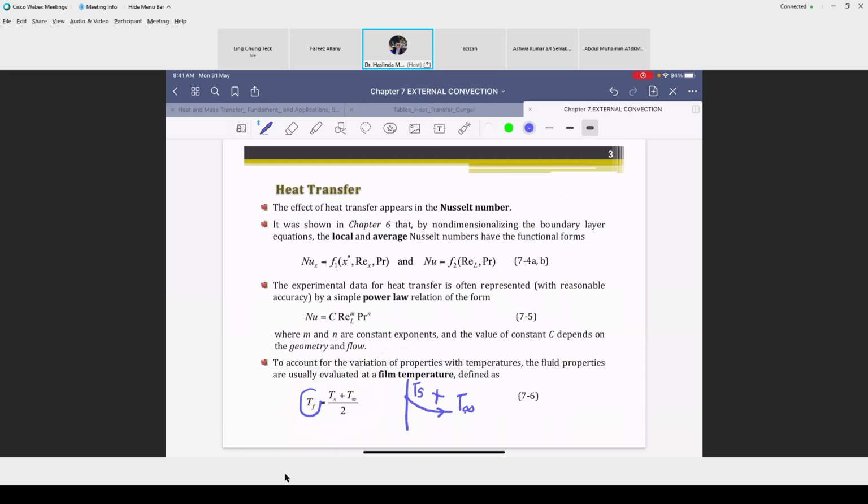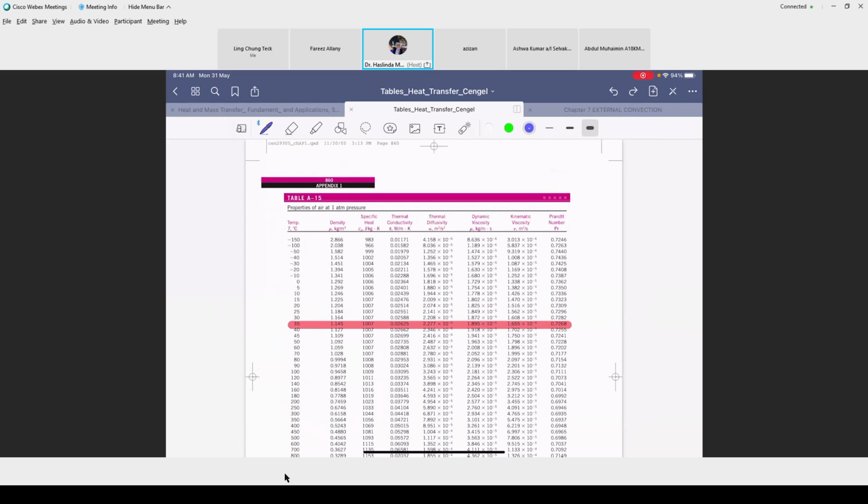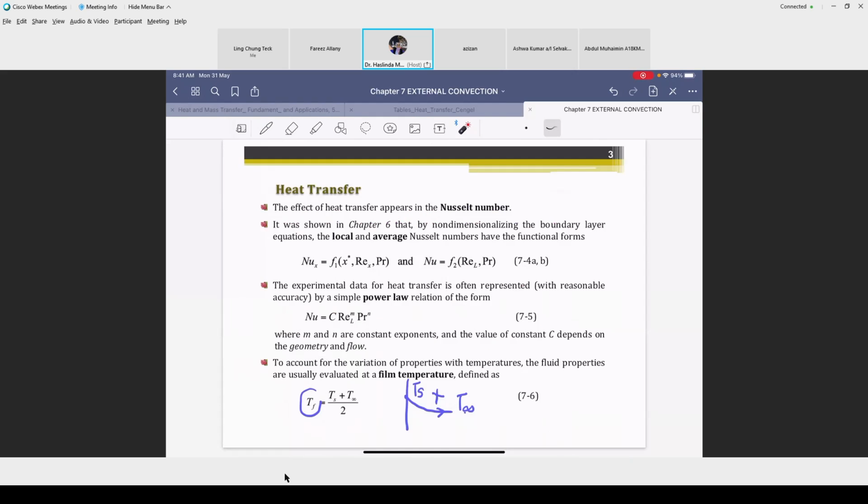This temperature will be used as a reference for you to find thermal properties of any fluid, like the table I showed here. Maybe 35 degrees C is the film temperature of your problem. Hopefully all of you understand that.